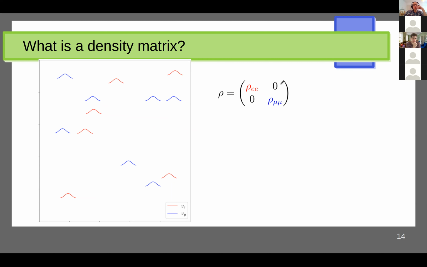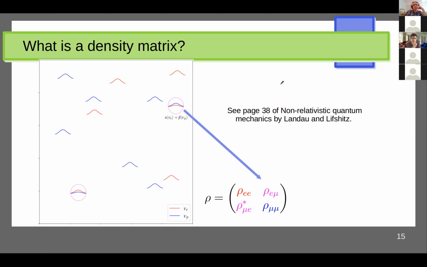But what about the off-diagonal term? In order to have an off-diagonal term, we need a superposition of electron and muon neutrinos. Only then can we have this off-diagonal term. So what this is telling us is that if we look at the Hamiltonian for neutrino self-interaction, the off-diagonal term in the Hamiltonian is a result of superposition of nu E and nu mu states.